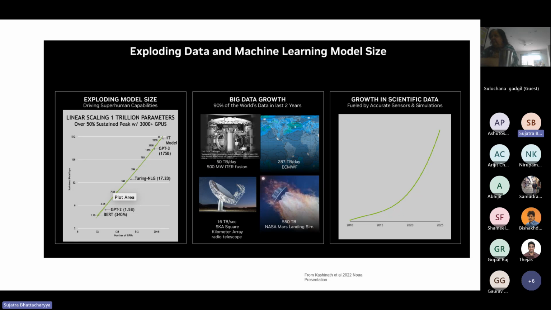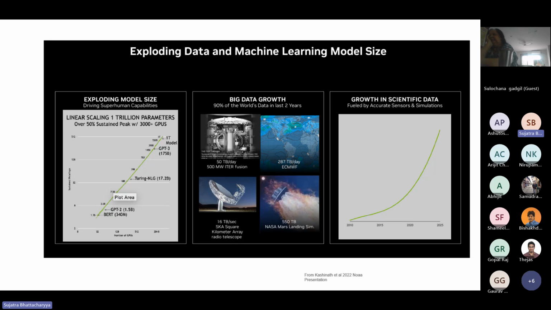So this is a slide I have taken from NVIDIA's presentation to NOAA. On the left, this is how the number of parameters in natural language generation models is increasing with time, along with the number of GPUs that would be available.